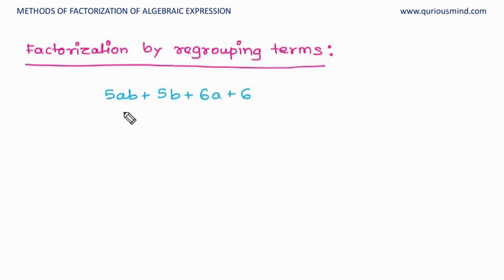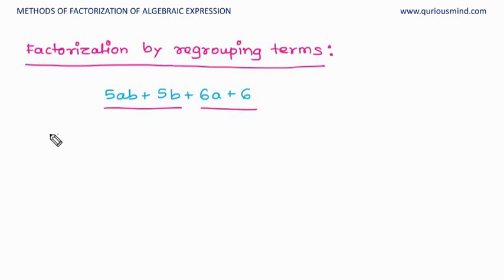Now if I factorize the terms individually, I don't see a single common factor in all the terms. So what I am doing is I am going to separate them into two groups, one is this group and one is this group.